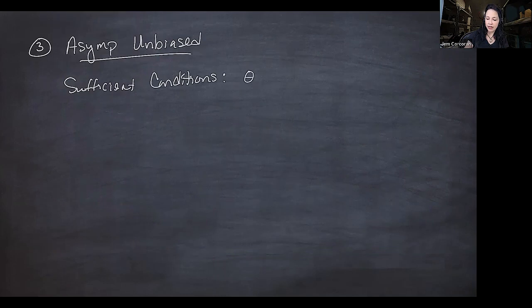For asymptotically unbiased, there are multiple ways to get it. I think the easiest sufficient conditions, because this list mostly holds, would be to have that theta n hat, the MLE, is converging in probability to theta, and that's going to require a finite variance so that you can use the weak law of large numbers.